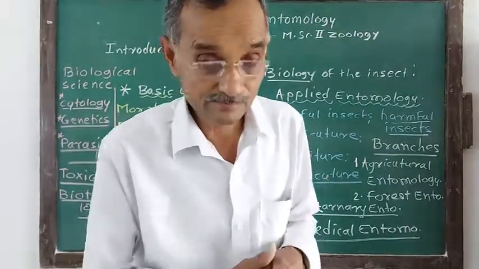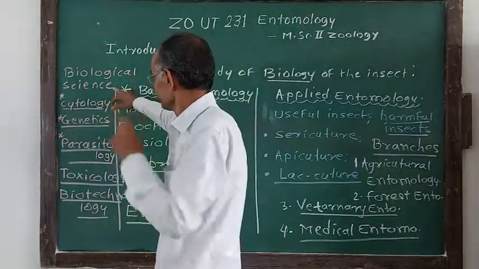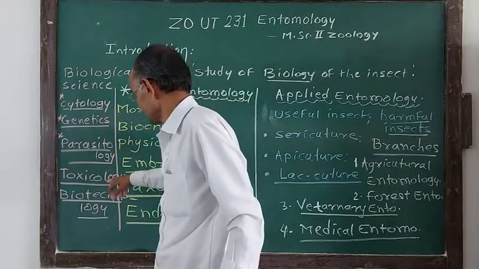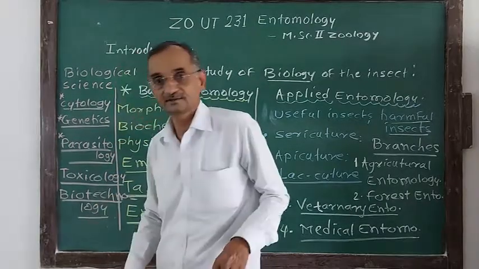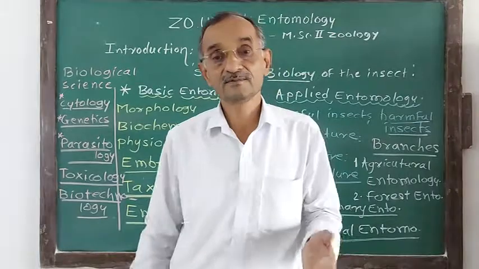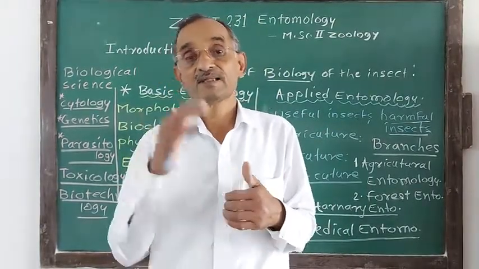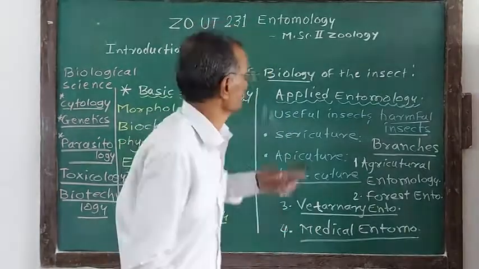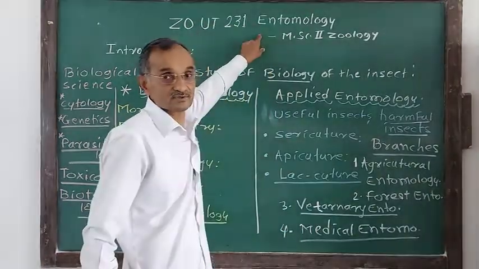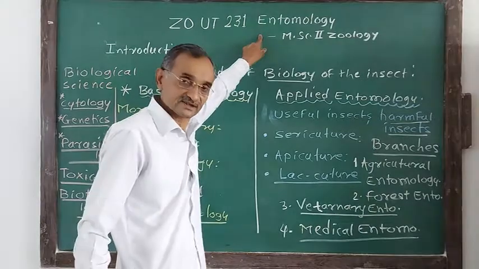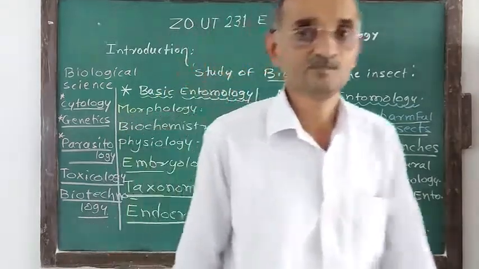And therefore, not only cytology, genetics, parasitology, toxicology, biotechnology, but in future different branches will come forth by using insects as experimental animals. Therefore, entomology is the most important science. Thank you.